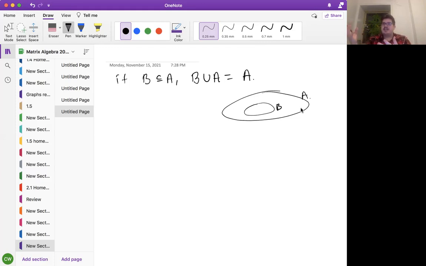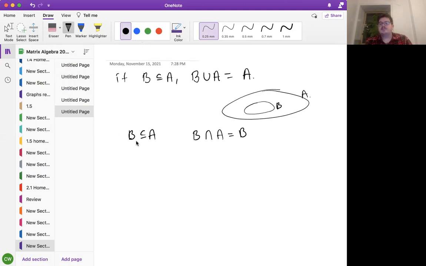If the element's already in the set A, then you don't include it twice. Yeah, the next answer is B. So B intersection A is equal to B. So if B is a subset of A, then the intersection has to be B. That's kind of clear, right? If all elements of B are part of A, then the intersection just means everything that's not in B can't be included, and A already contains all elements of B, so that's fine.